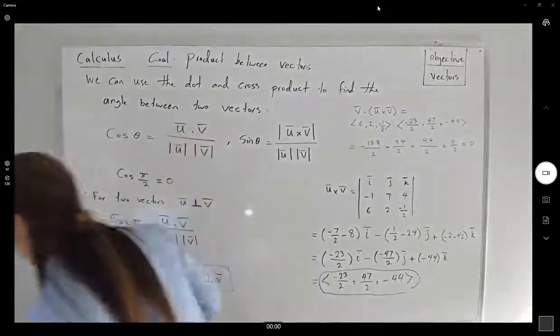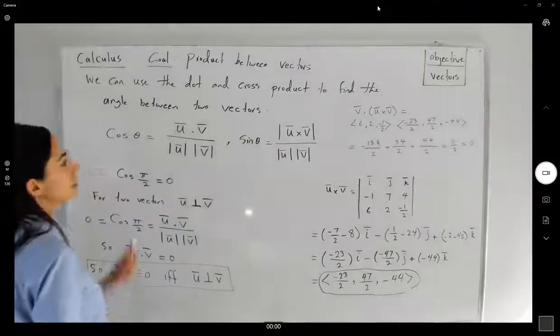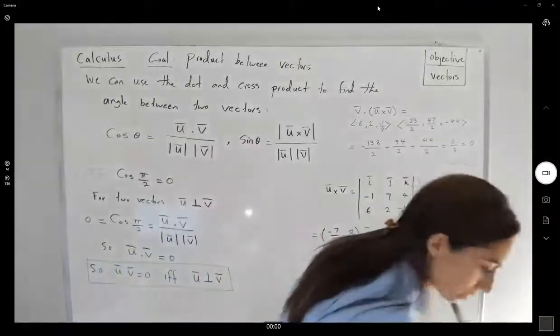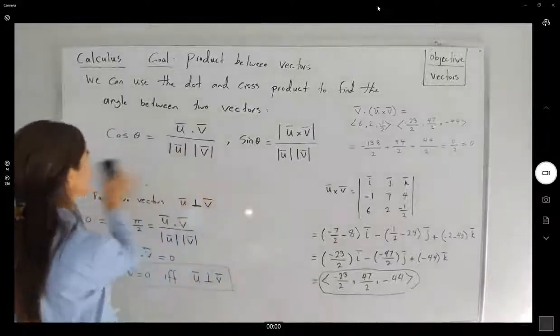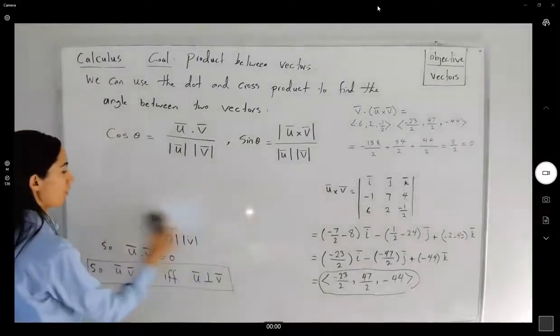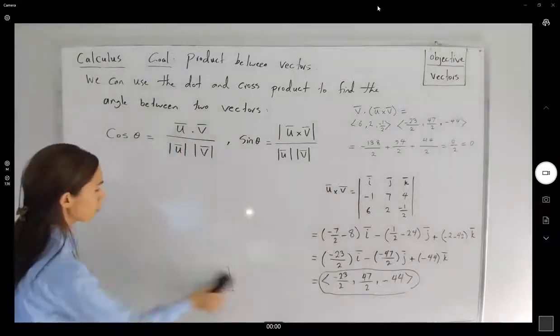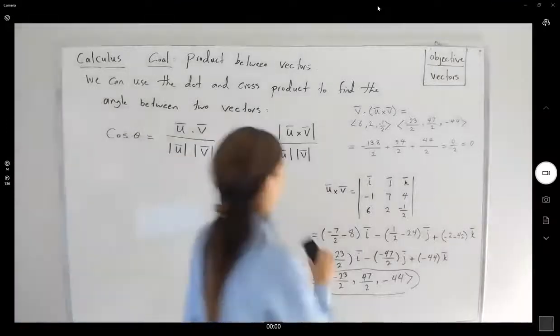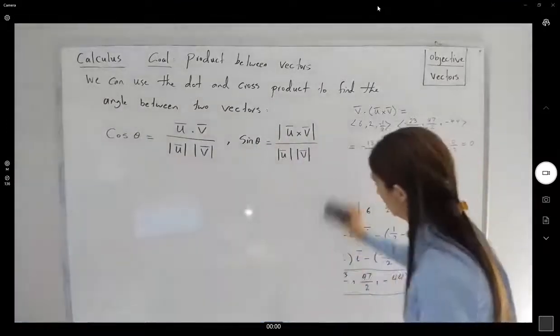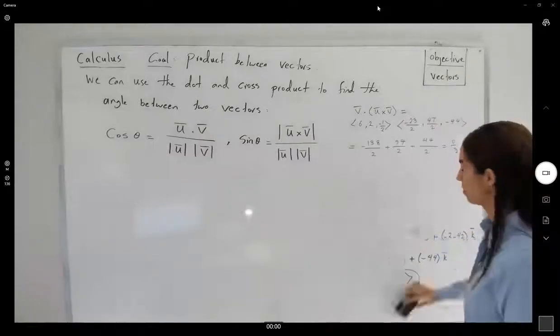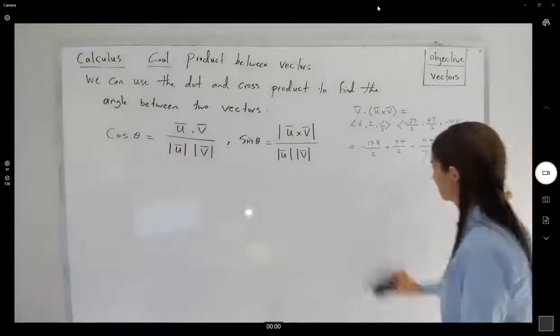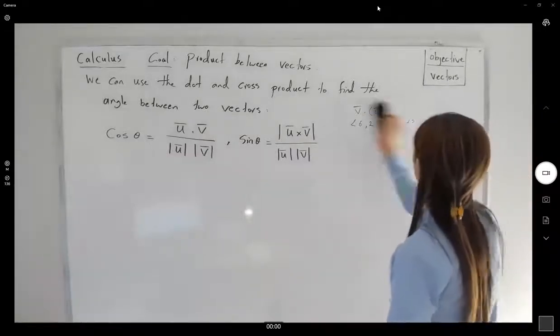Let's go over one example to find the angle between two vectors, and also the angle helps us to find the dot product or arrive at other information between two vectors and more.